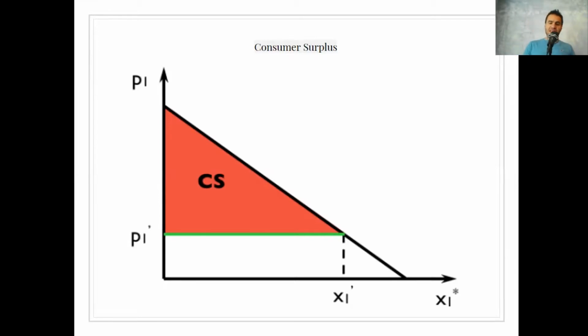So each point on the demand curve, as you move from left to right on the graph, shows the willingness to pay of consumers.